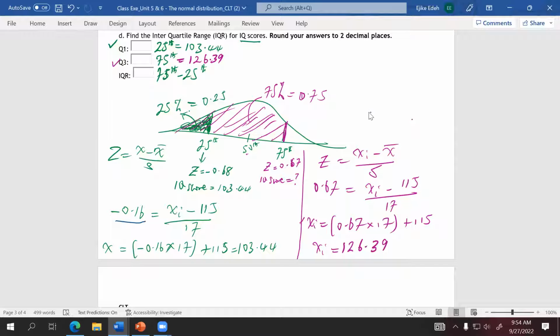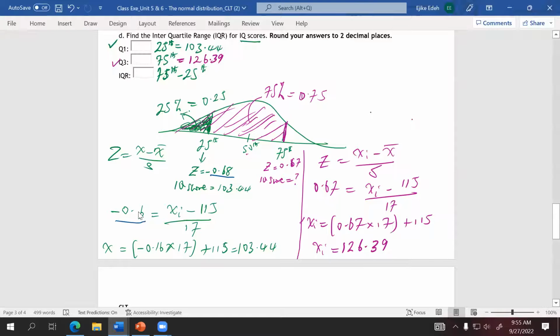It's supposed to be negative 0.68, not negative 0.16. Okay, so this is what we have. It was solving one thing and writing another. We wrote this one first, and thank you for catching that. So let's correct that.